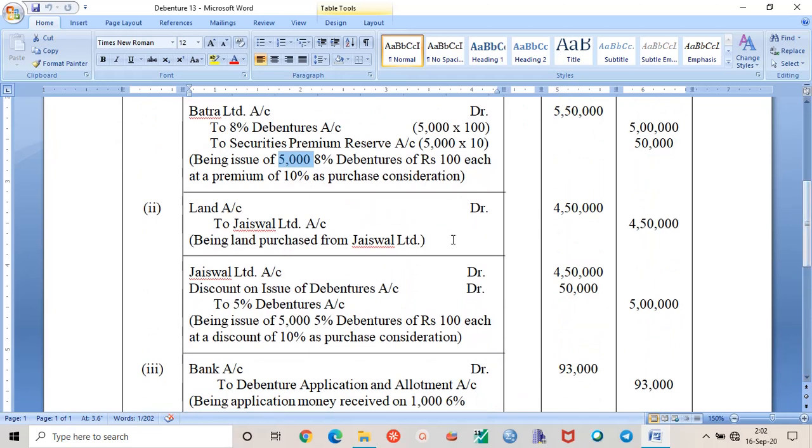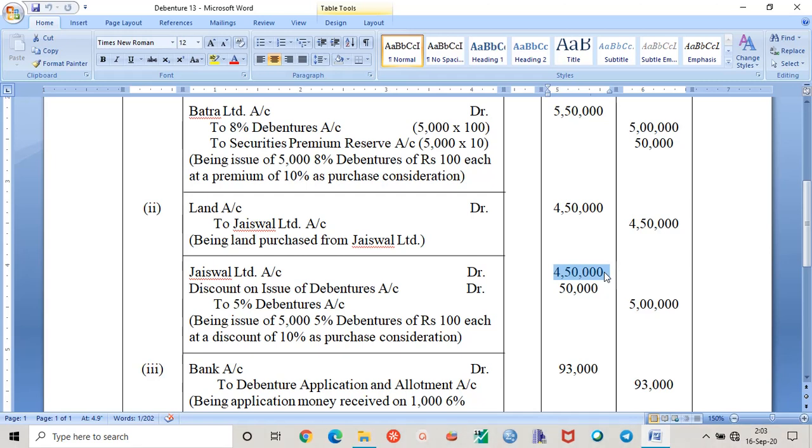You had purchased land from Jaiswal Limited for rupees 4,50,000, and you have to pay them rupees 4,50,000, but you have debentures of rupees 100 each. So when you have to pay to this Jaiswal Limited, you have to pay rupees 4,50,000, but you are paying by issuing the debentures at a discount of 10%.